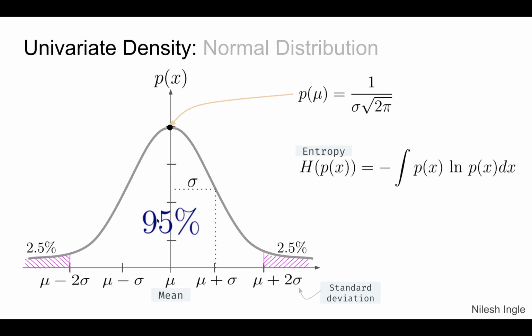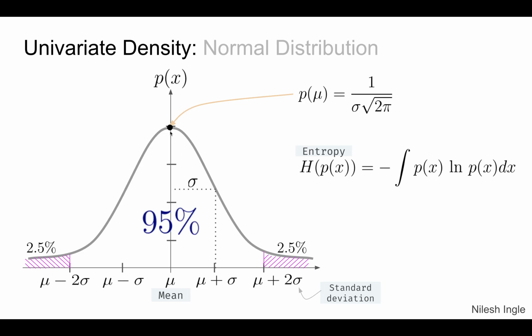So the 95% area is 2 standard deviations away from the mean that's here in the center. This is mu, so mu plus 1 standard deviation, and then mu plus 2 standard deviations up to here. And then again we go back here, so mu minus 1 standard deviation and mu minus 2 standard deviations. So this total area from this line up to this line, all this area, would be 95%.